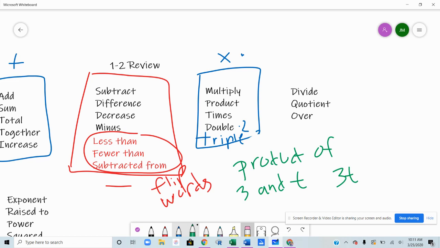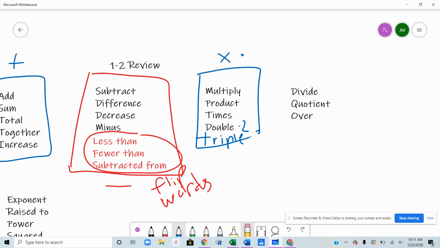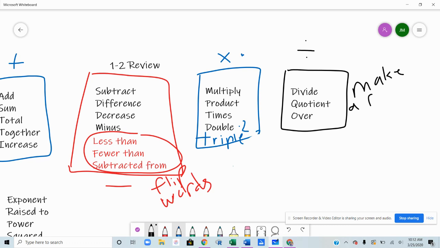The next set of words are all your division words. Okay, which as you're doing the IXL, you don't have a division symbol, so you make a fraction. So when it says divide, quotient, or over, it might say x over 3.